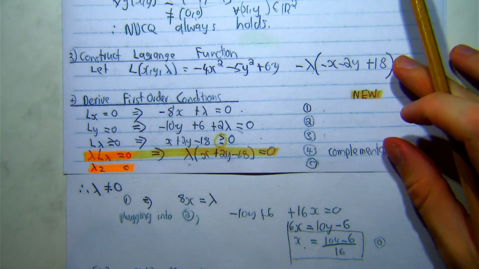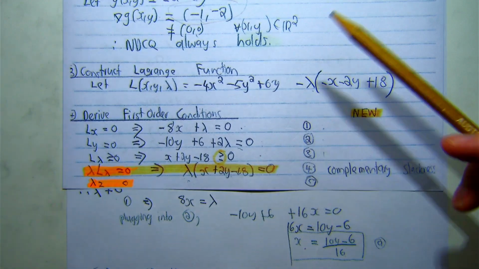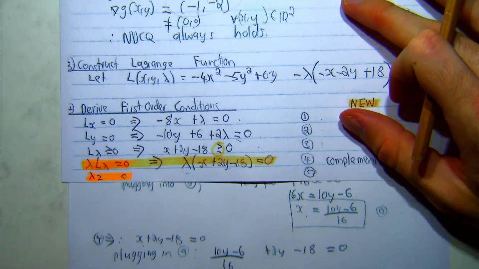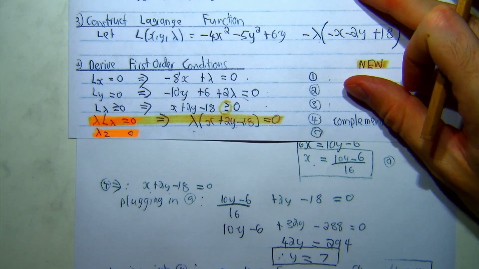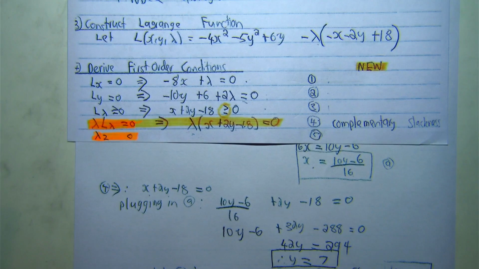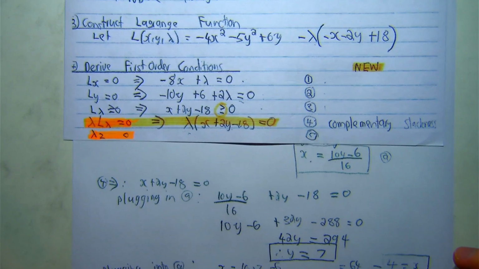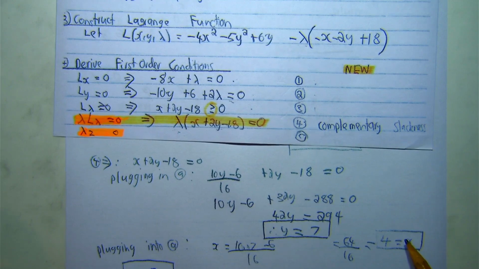And because lambda is not 0, 4 implies that x plus 2y minus 18 is equal to 0. So we have a second equation, and we can combine those two together simultaneously to solve for x and y. And that gives us y is equal to 7, and then x is equal to 4. And then using one of the other equations left over, we can work out lambda is 32.